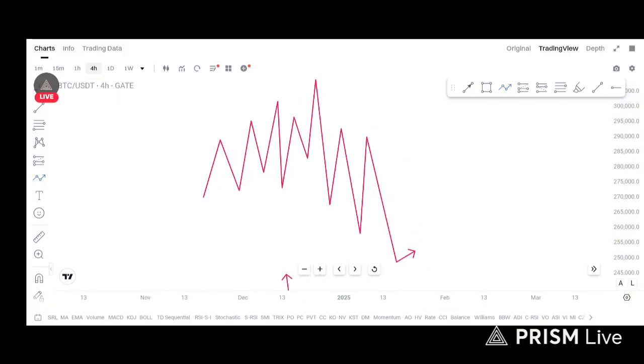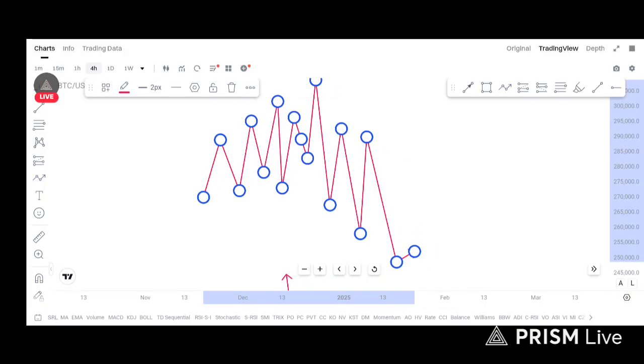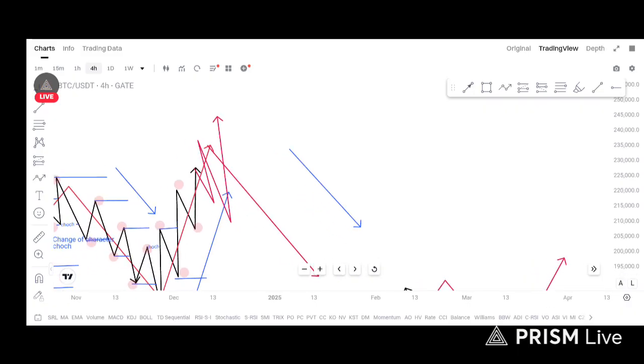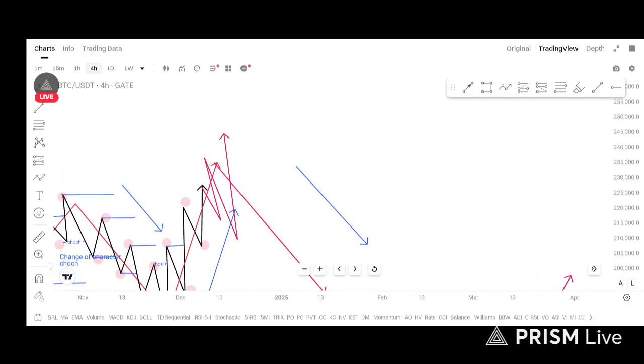Okay, yeah, so I believe that was very, very needed. So now, market, sorry, let's say so market broke, gave you your change of character, which is your first sign that market is done with the impulsive move and is about to start correcting.